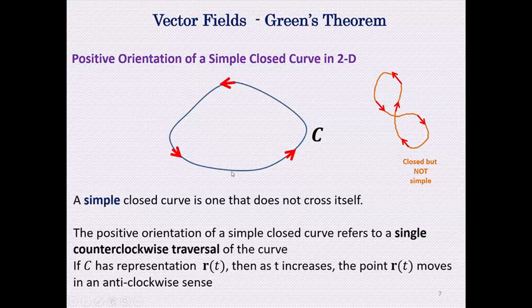Next, the orientation of a curve. When we say a curve is positively oriented, or it has a positive orientation, what we mean is this. If r(t) is the parametric representation of the curve, then as t increases, the point should be moving along the curve in the anti-clockwise sense. That we call positive orientation.